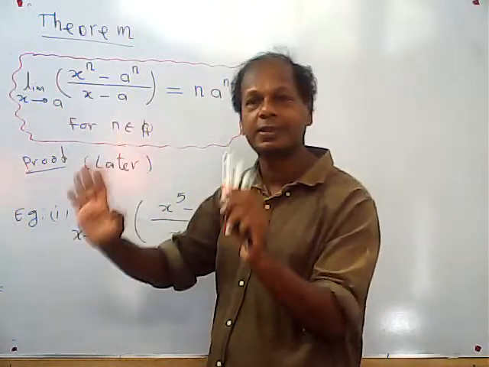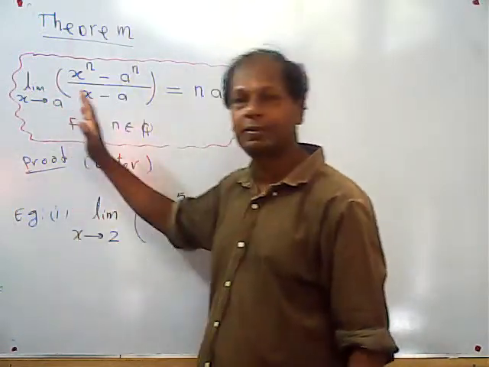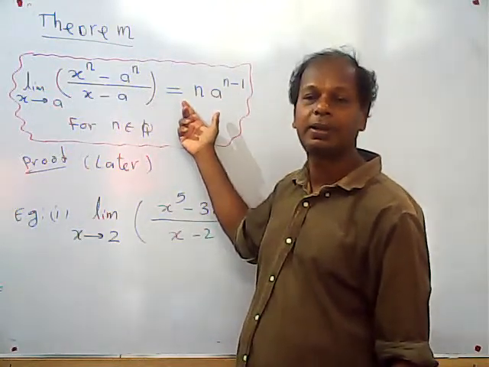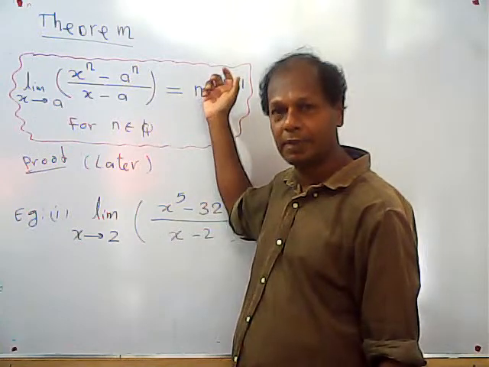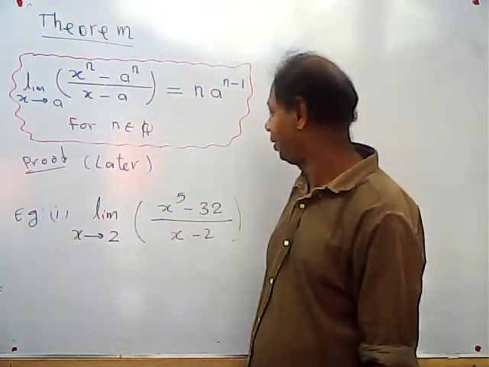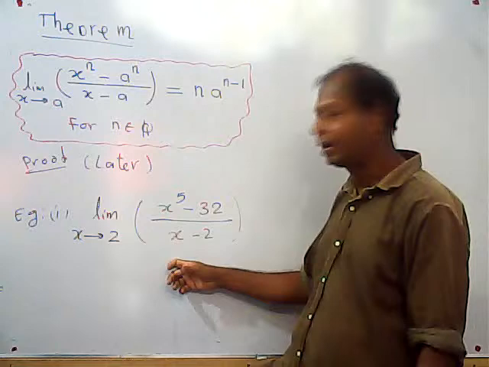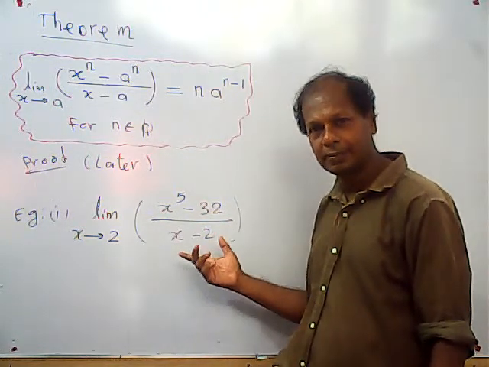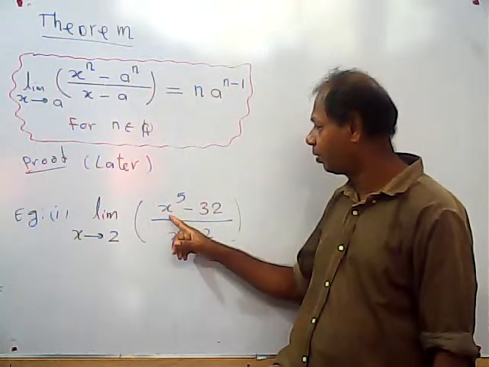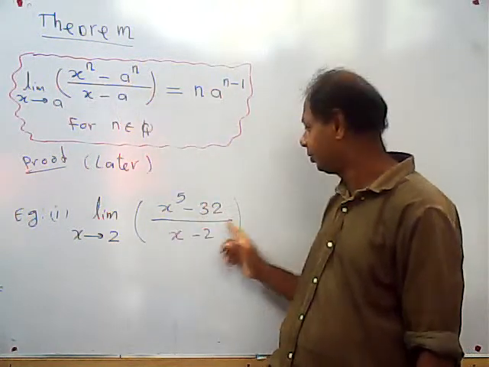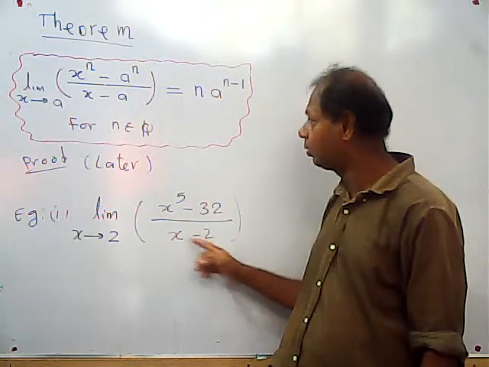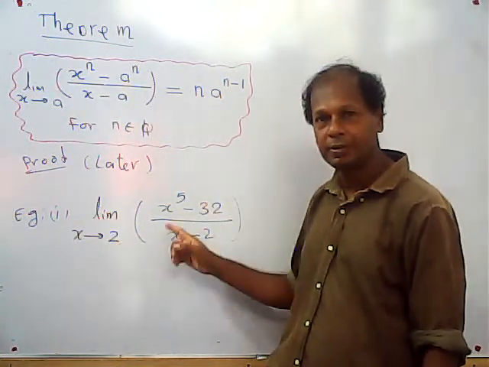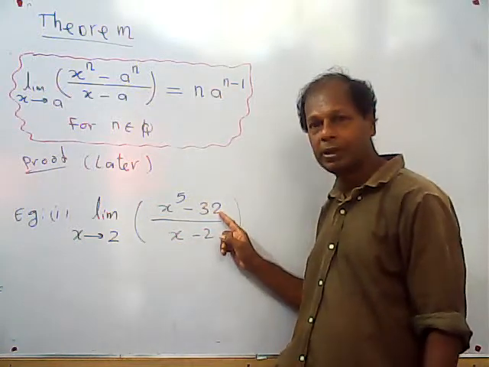If everything is nicely set like this, then directly you can apply the theorem and get the result: the limit is n a to the power n minus 1. Now to find this limit, at a glance, it looks like things are not really well set, right? x to the power 5 is okay. The 32 is not matching, but the denominator is also okay, x minus 2, as x goes to 2. Everything is okay except for this.